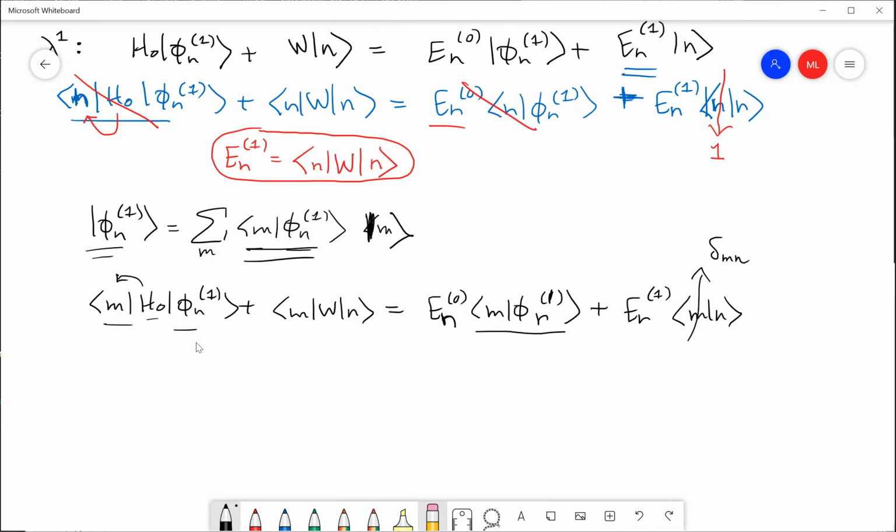So this becomes E_m^0, and I can pull this guy over to the left-hand side to get minus E_n^0, and then it's just a coefficient, and then you get these guys.